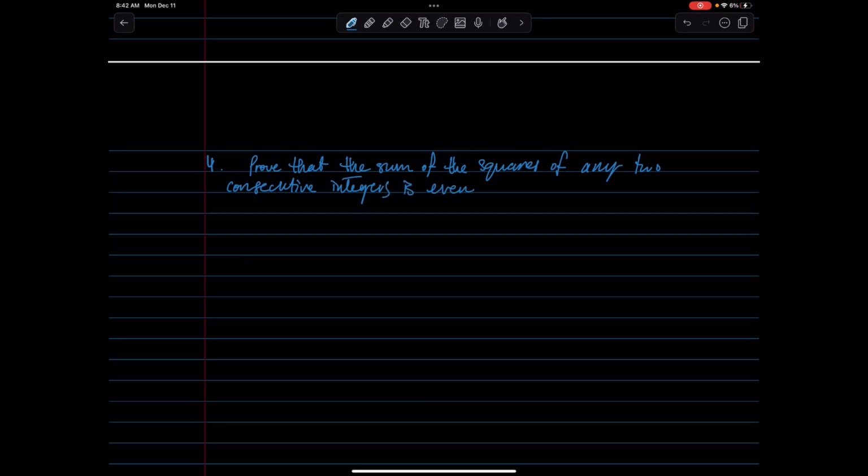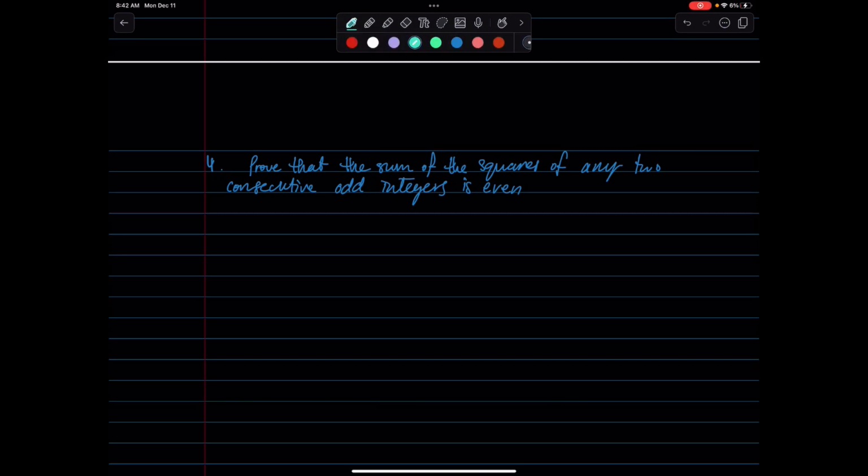Odd integers, right? Yeah, odd integers. Prove that the sum of the squares of any two consecutive odd integers is even.